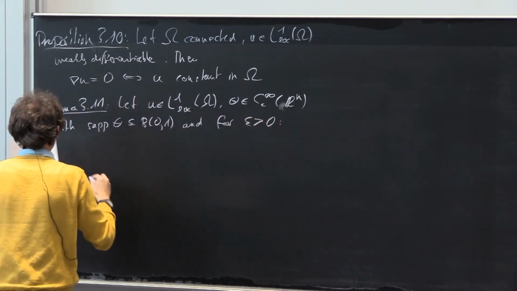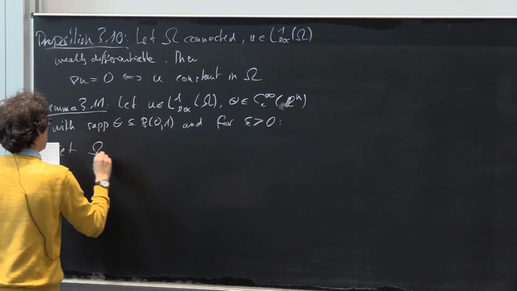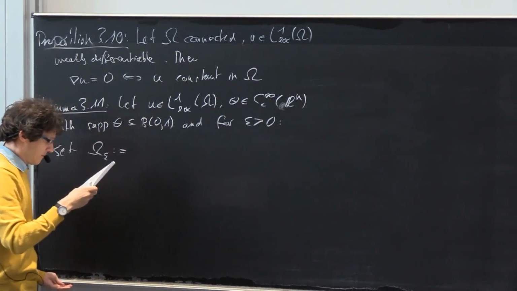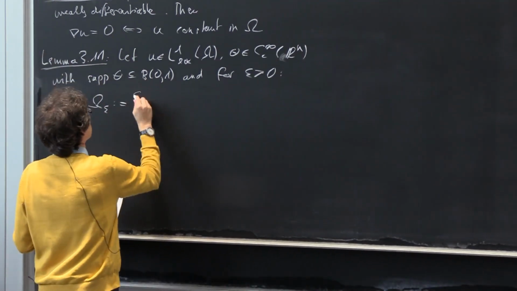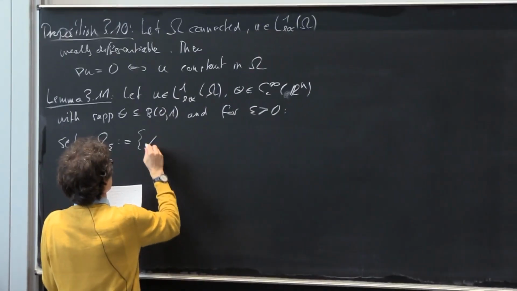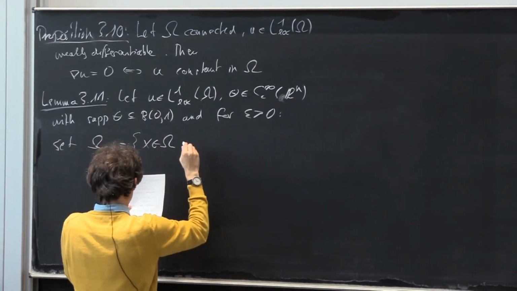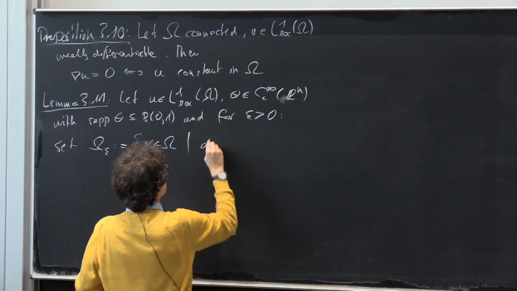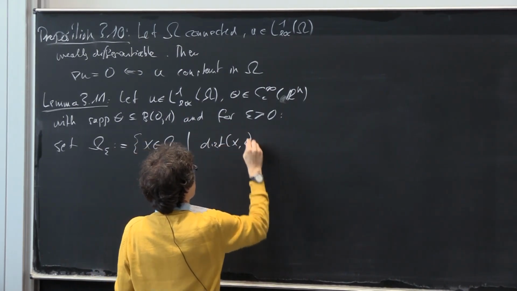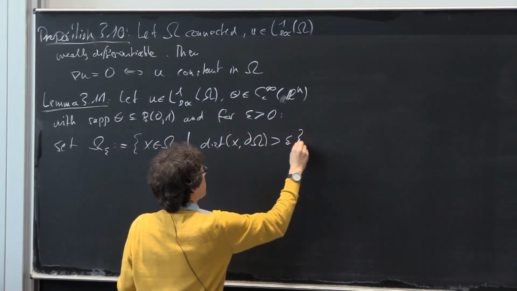So for epsilon greater than 0, set omega epsilon as the set of all x in omega whose distance to the boundary of omega is greater than epsilon.